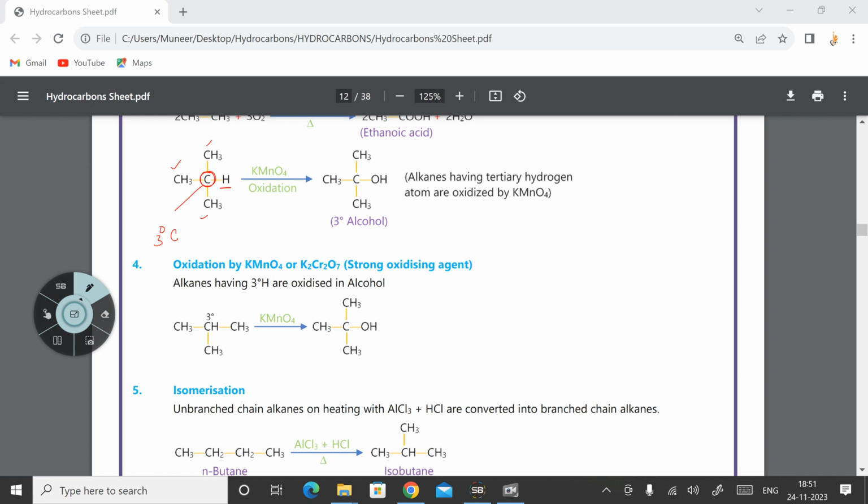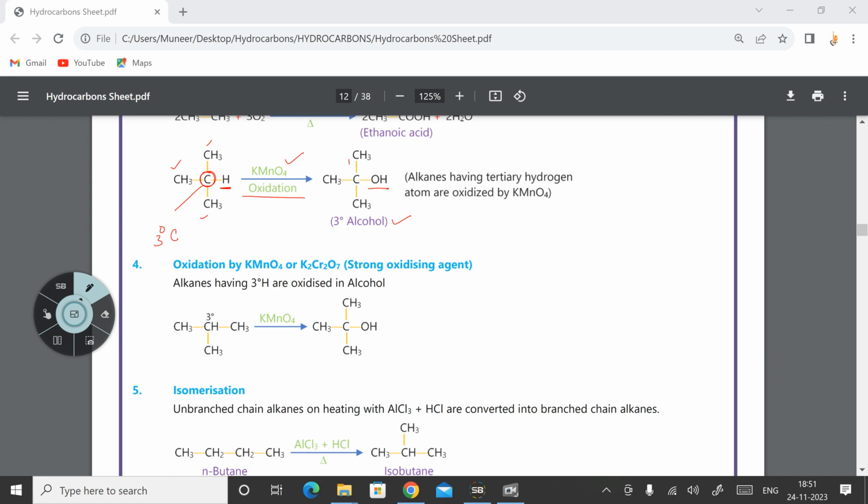So the hydrogen attached to the tertiary carbon is called tertiary hydrogen. When this isobutane is treated with a powerful oxidizing agent like KMnO4, tertiary alcohol is formed. This H is converted into OH. Okay, this is a tertiary alcohol.